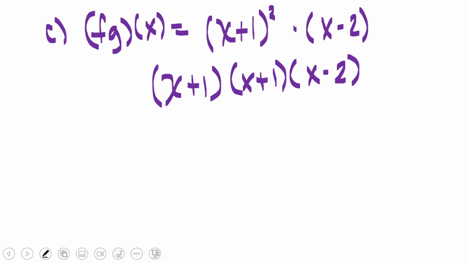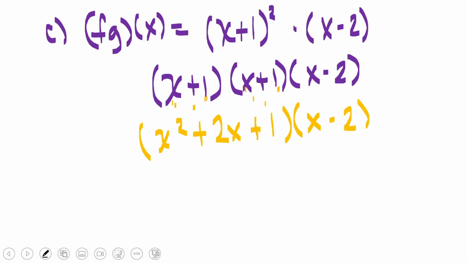So in associative property, we can start factoring everything out and start to multiply it back to a final simplified expression. So we've got what we have worked already. We're going to have x squared plus x plus 2x. 1 times 1 is plus 1, all times x minus 2.